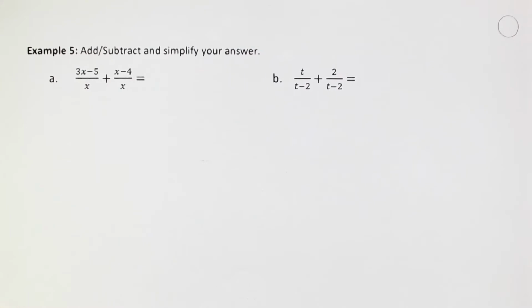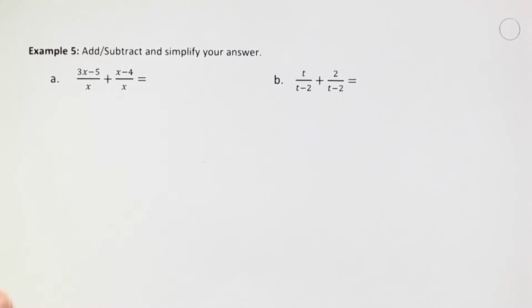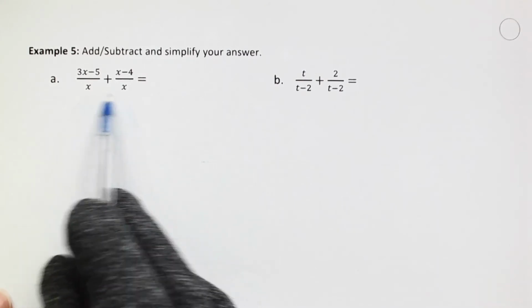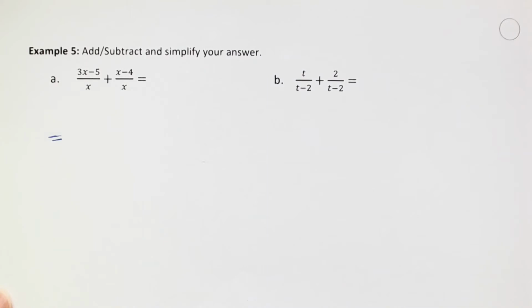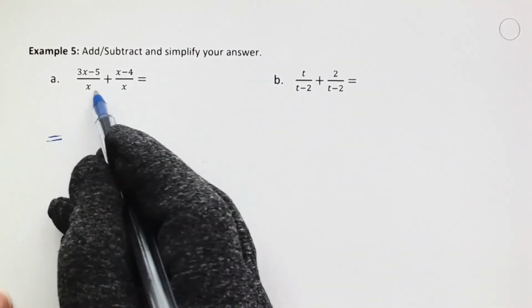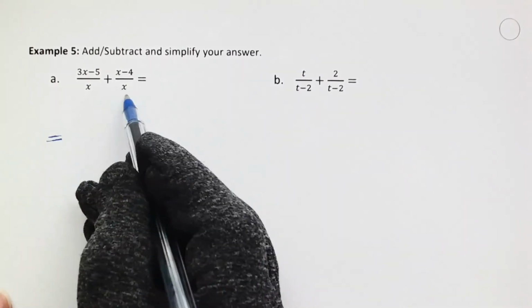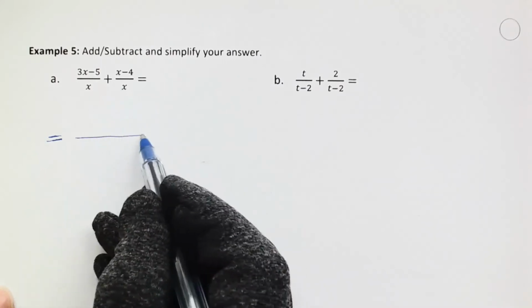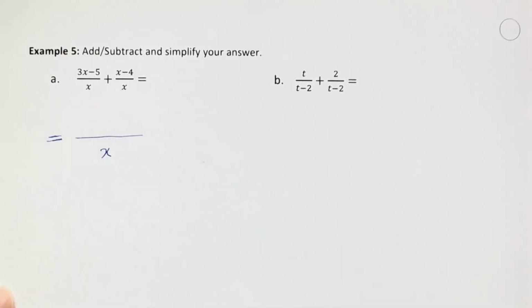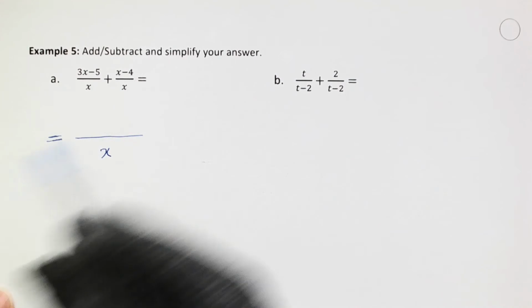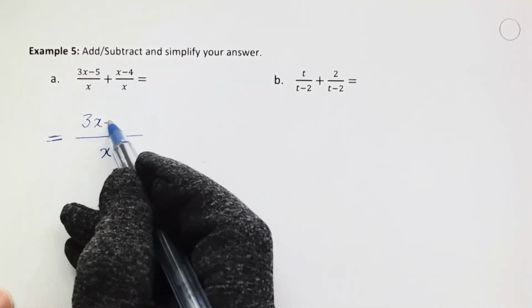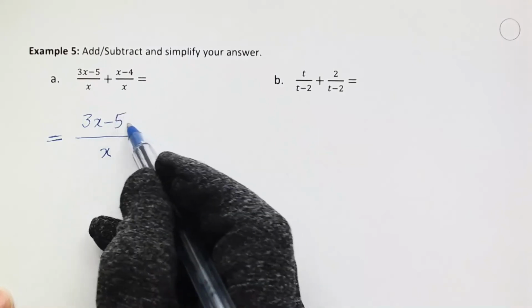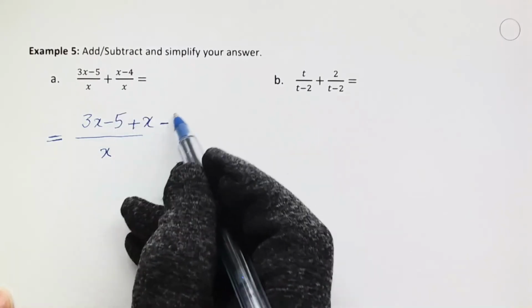We can add or subtract rational expressions. They are fractions. If they have the same denominator, addition and subtraction is so easy. So addition between these two fractions with the same denominator is going to be a new fraction with the same denominator. Just add the tops of these two fractions: 3x plus 5 minus 5 plus x minus 4.